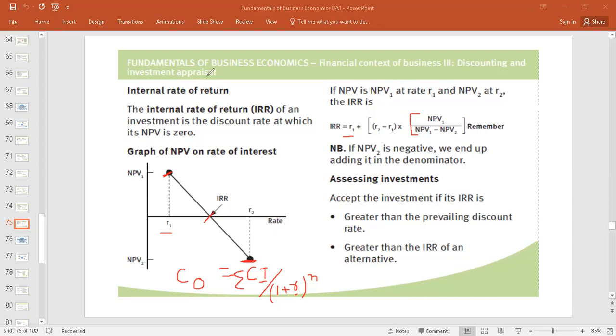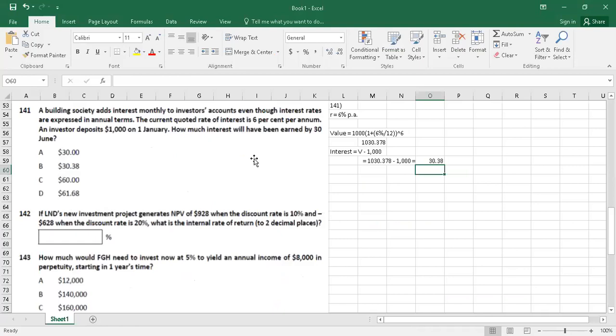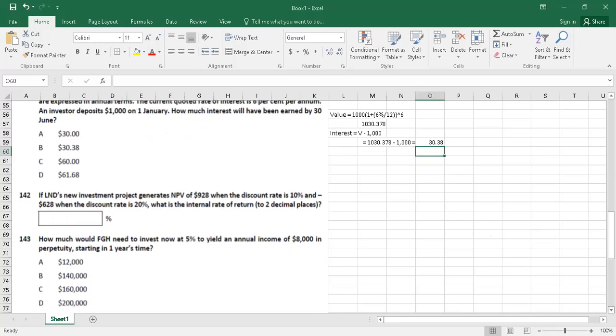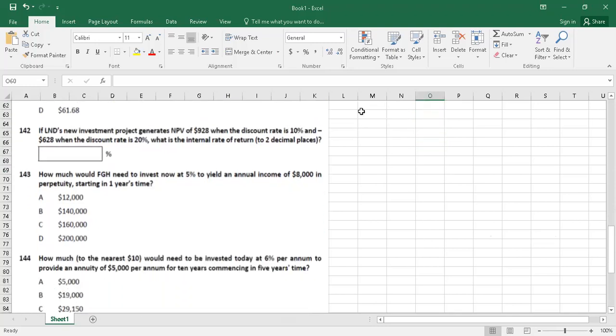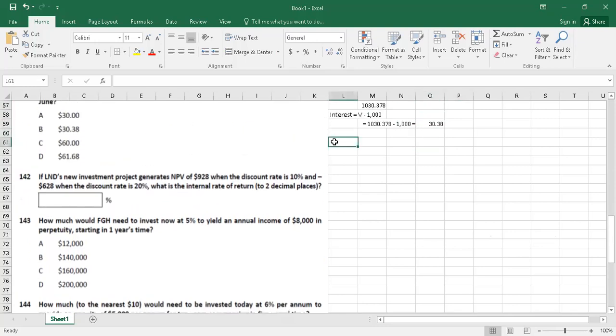We'll go back to the question. Now the question has certain details. Question number 142. It says NPV at 10%, which is NPV1, is equal to 928.